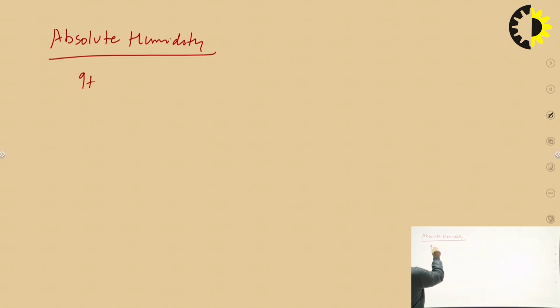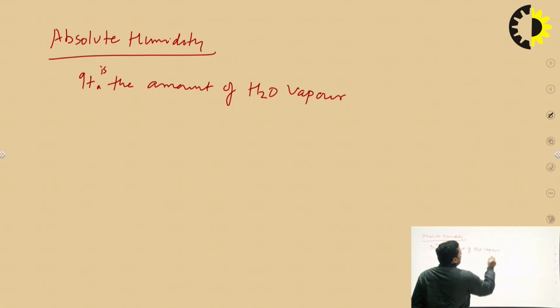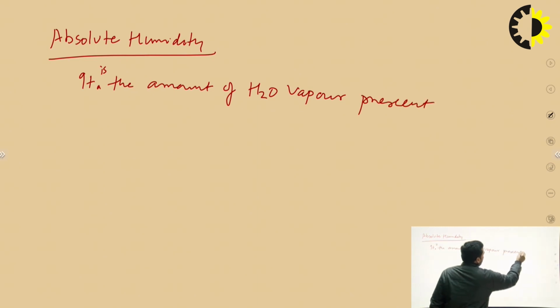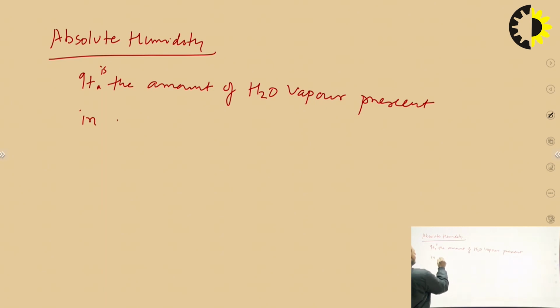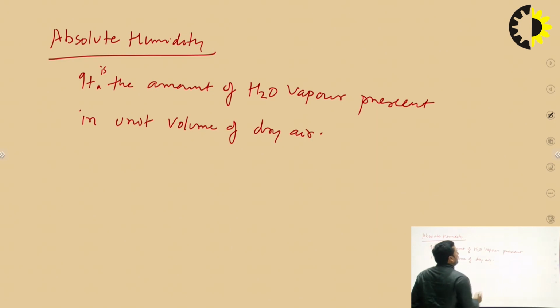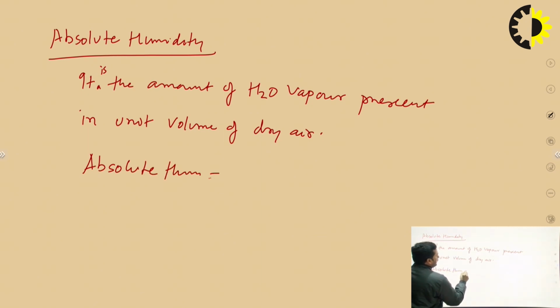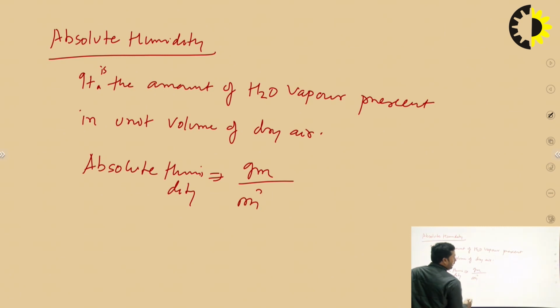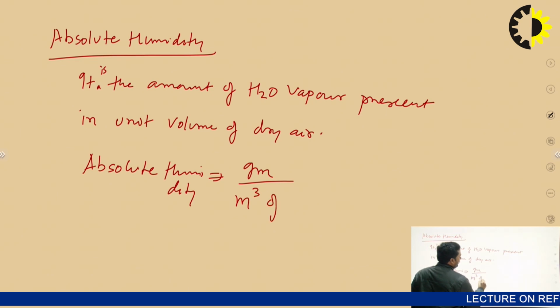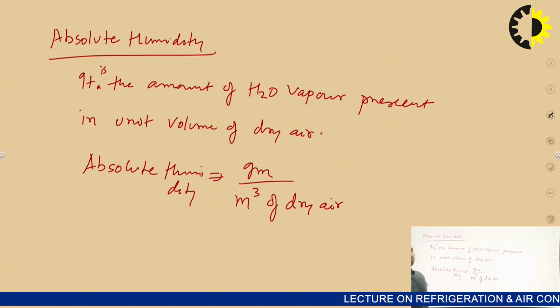It is the amount of water vapor present in unit volume of dry air, and its unit is gram per meter cube of dry air.